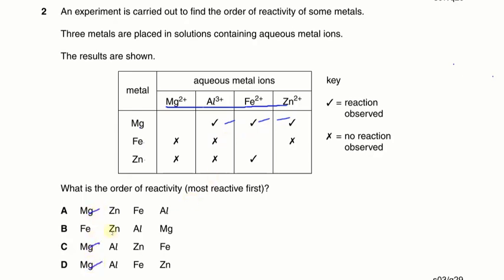There is no reaction for iron; it hasn't displaced any of these metals, so iron is the least reactive. So the answer is C. You can also see that zinc has not displaced aluminium, so zinc is less reactive than aluminium, and aluminium is more reactive. C is a correct answer.